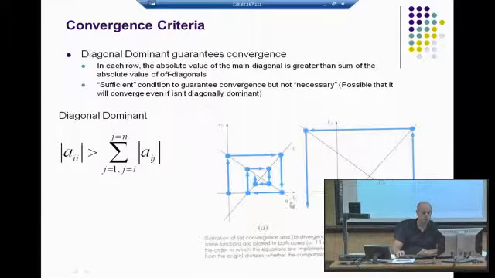If you have two equations and two unknowns, so x1 and x2, what convergence means is that you start with a guess like right here, and you're getting closer and closer to the solution, which is where they intersect. The one on the right is a case where it diverges. So you start here, and you're getting further away from the solution. If you were not diagonally dominant, that might happen. So you might want to check for that. Sometimes you can rearrange your equations, put them in a different order in such a way that it becomes diagonally dominant.